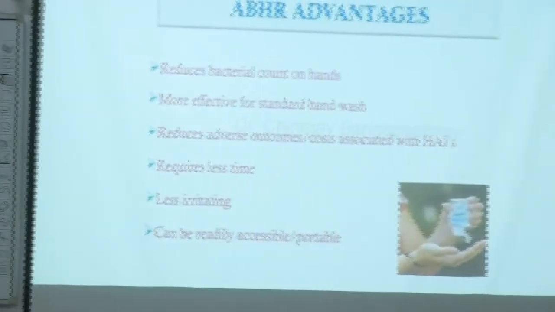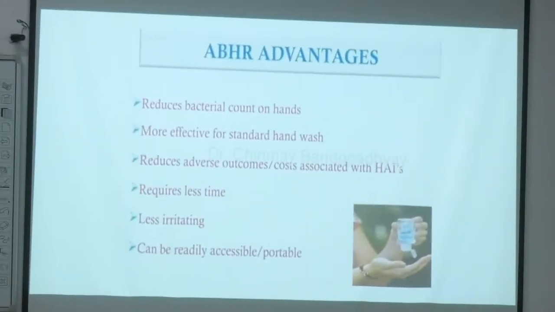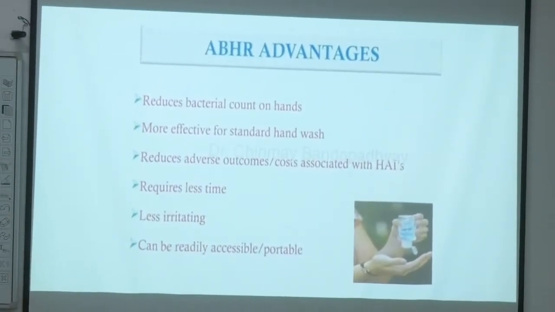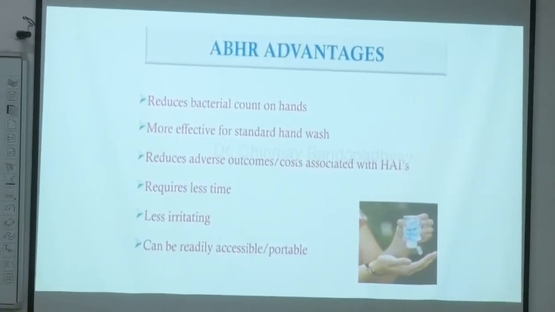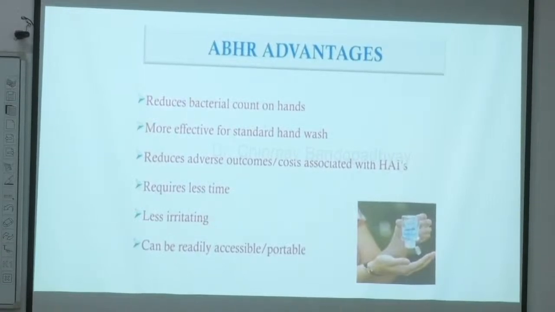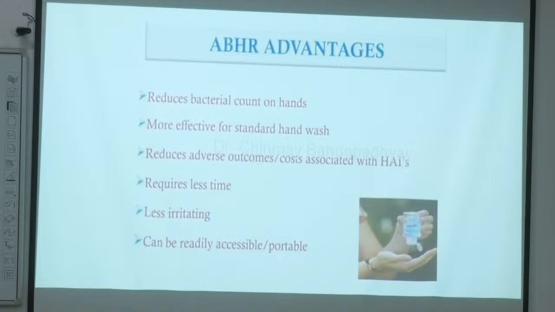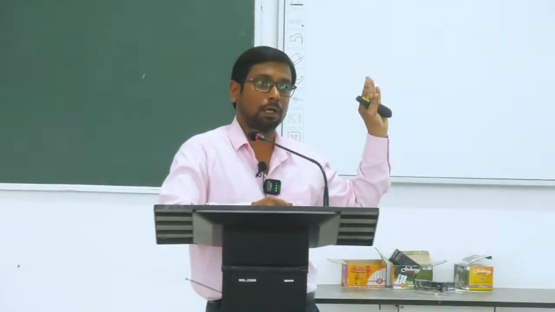Then we come to alcohol based hand rub. Everybody nowadays uses alcohol based hand rub, in the hospital environment or in the home also, especially after the COVID period. Why do we go for hand rub?